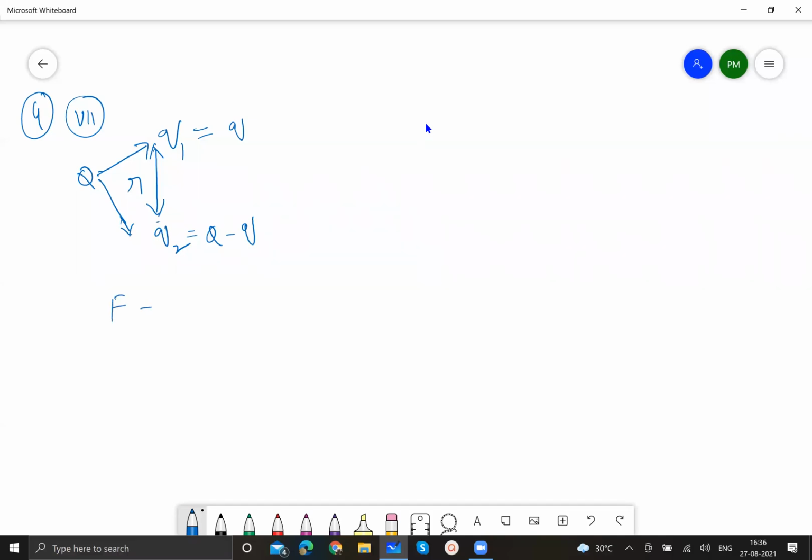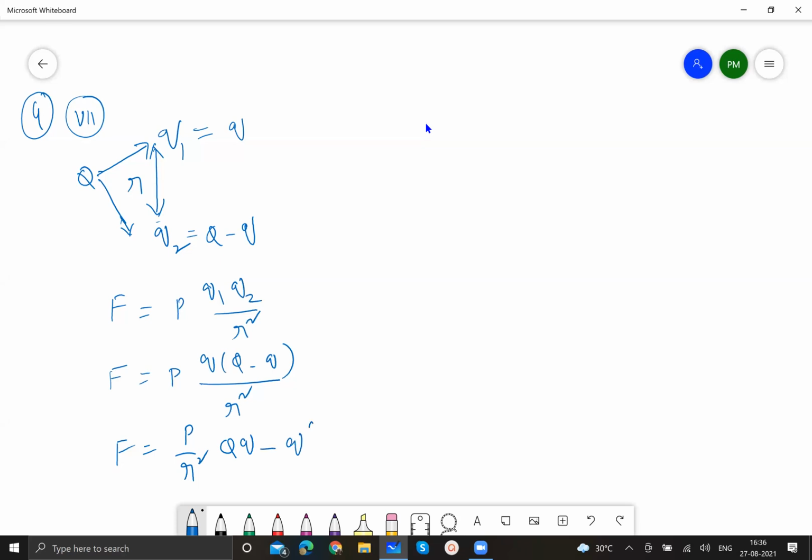Then the force between them is constant K into Q1 Q2 by r square, which is K into q into (capital Q minus small q) by r square, that is K by r square into (Qq minus q square). Here the variable is small q.